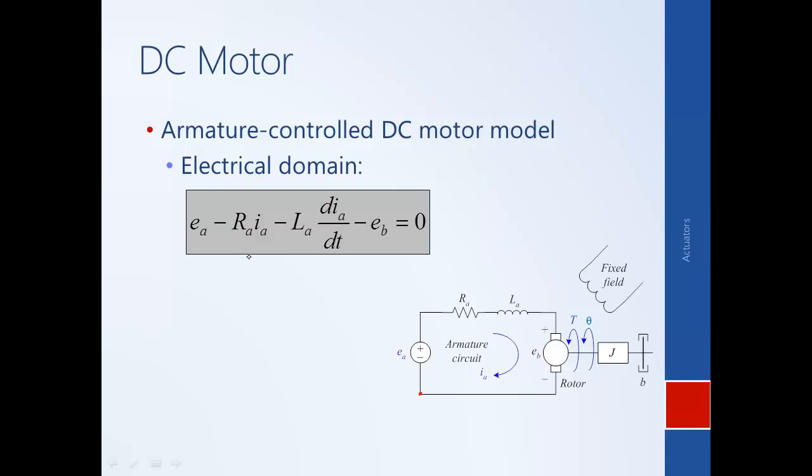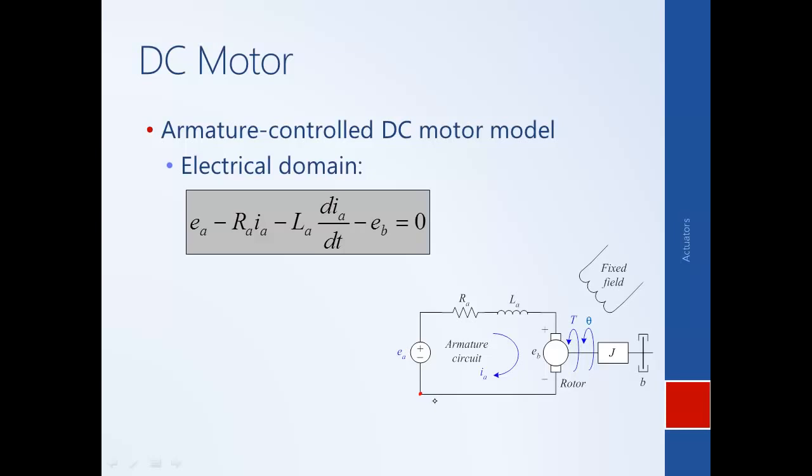So we drop voltage according to the product of the resistance and the current through the resistor. Then we drop voltage across the inductor, where the voltage drop is proportional to the rate at which the current is changing. Then we drop across the rotor due to the back EMF, at which point we're back where we started.